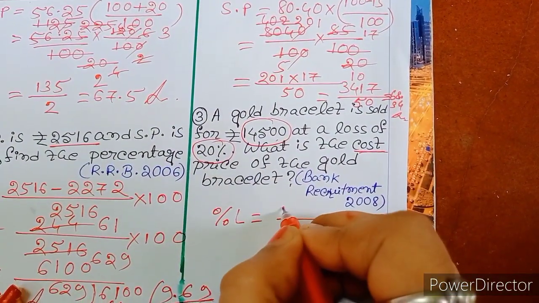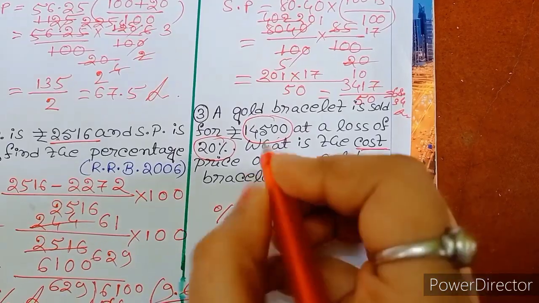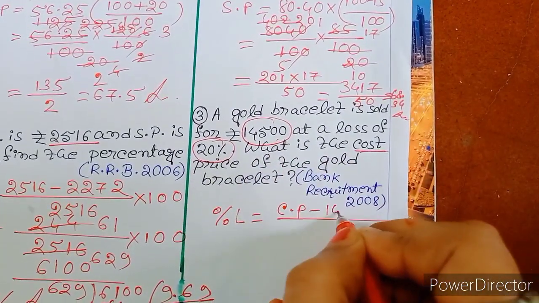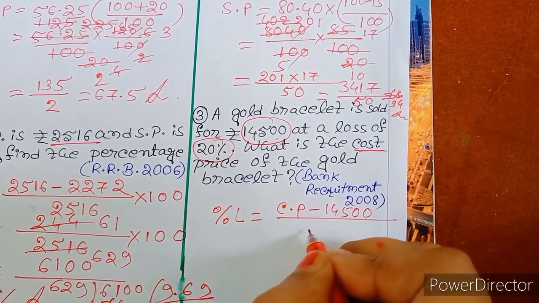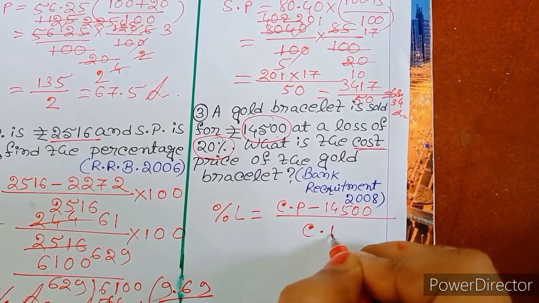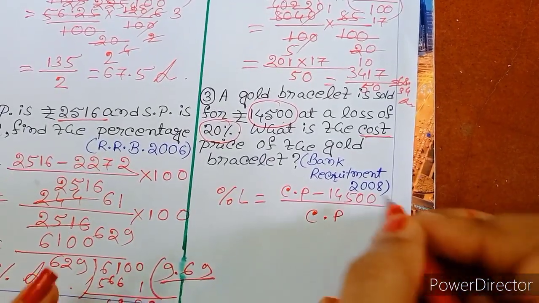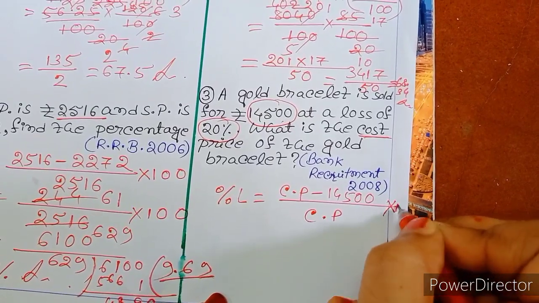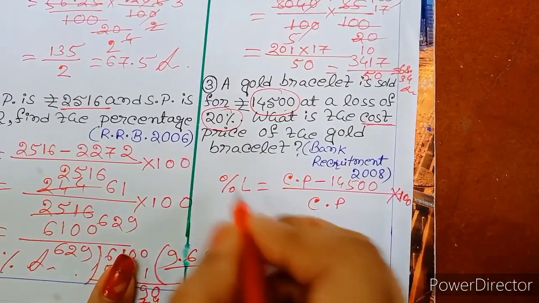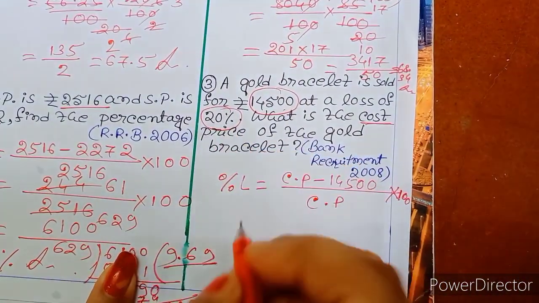So we use the formula cost price minus selling price, selling price equal to 14,500, by cost price into 100. And percent loss here is 20%.